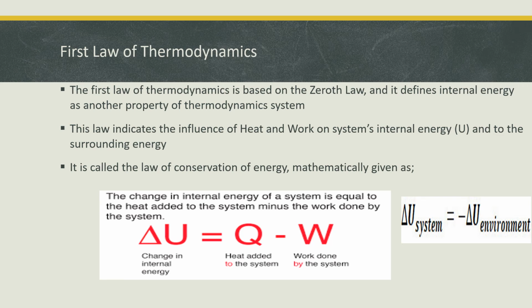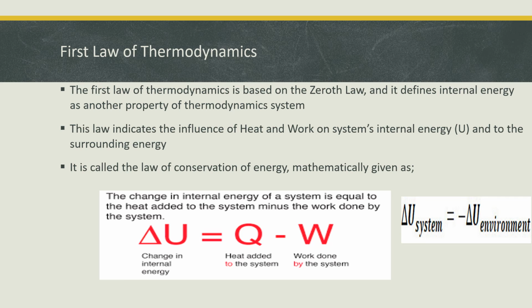Internal energy depends on temperature, so it only changes when the temperature of the material is changed. This law indicates the influence of heat and work on the system's internal energy and the surrounding energy. So this law also describes energy.